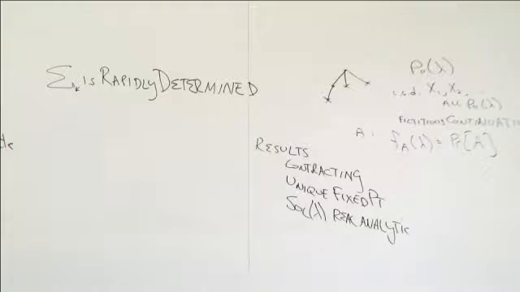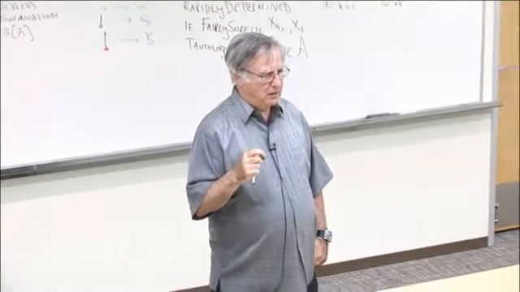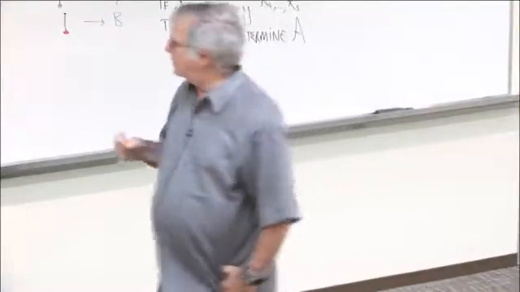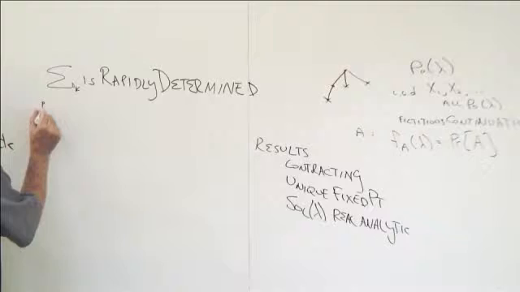Okay, so let's fix x1 through xs. Now, the way I want to examine this is I want to use fictitious continuation. So we're just going to look at this statement.